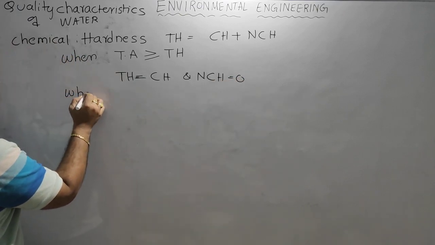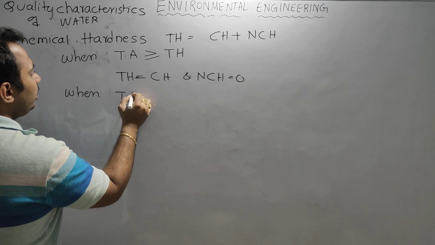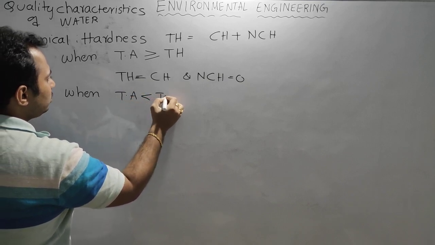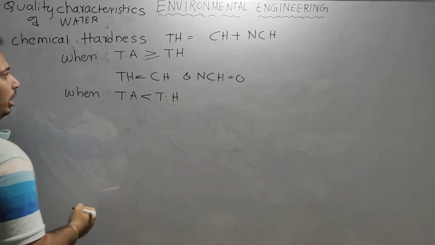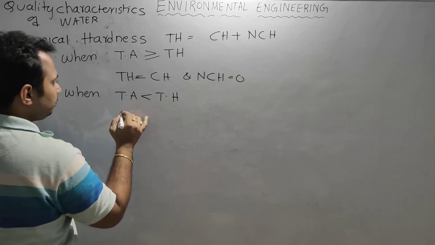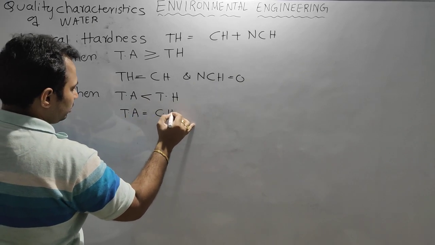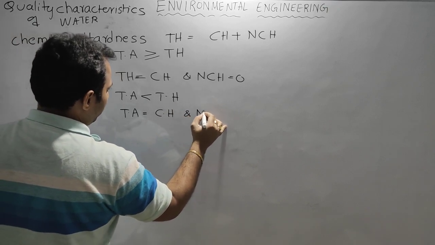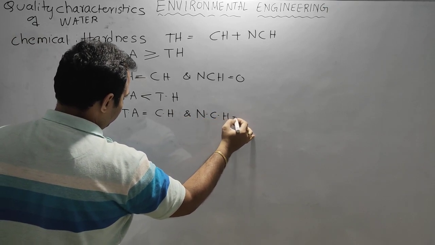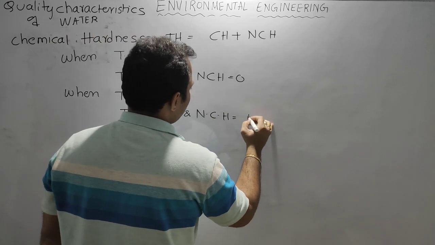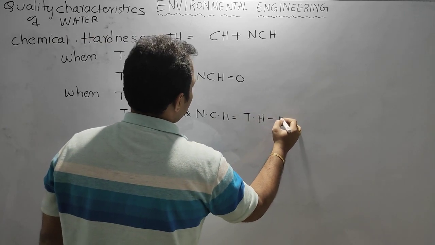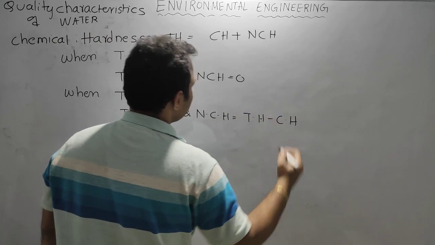When total alkalinity is less than total hardness, then total alkalinity is equal to carbonate hardness, and non-carbonate hardness is equal to total hardness minus carbonate hardness.